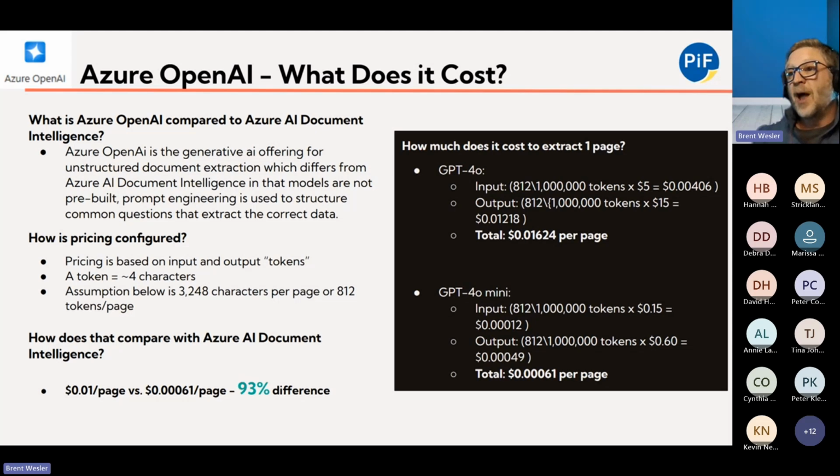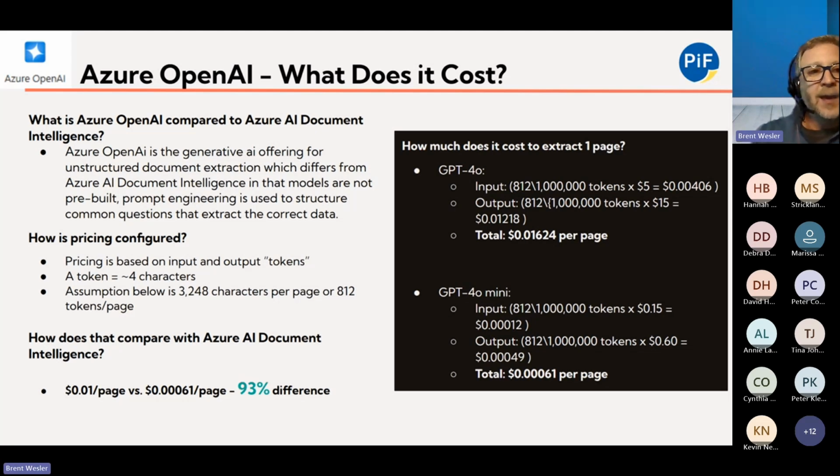And if you were to use the mini model, which is the one we're going to use in the demonstration, you can see it costs 0.00061 cents per page. So the reality is, if you extract a whole text page, it's about 93% less expensive to consume Azure OpenAI than it is Azure's AI Document Intelligence and some of these other extraction utilities that are out there.